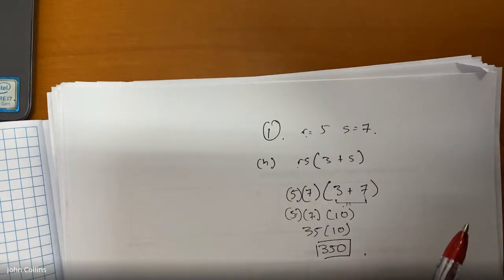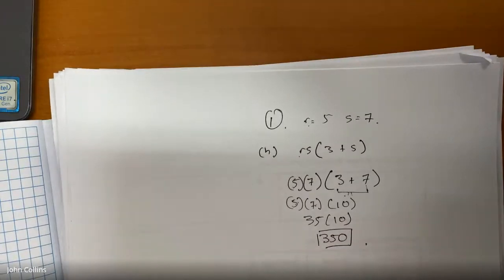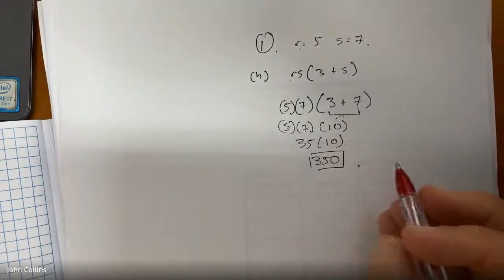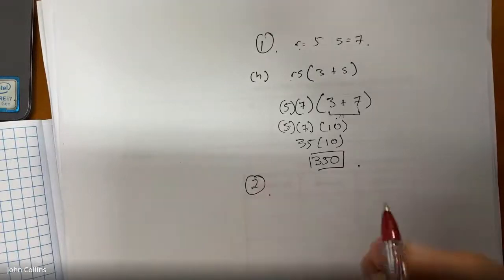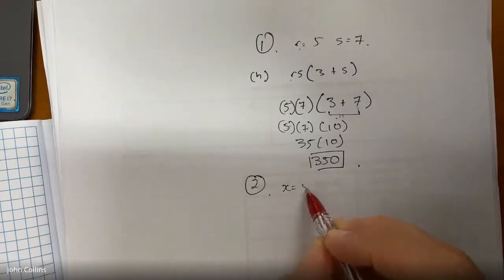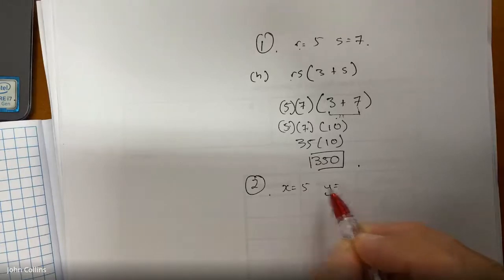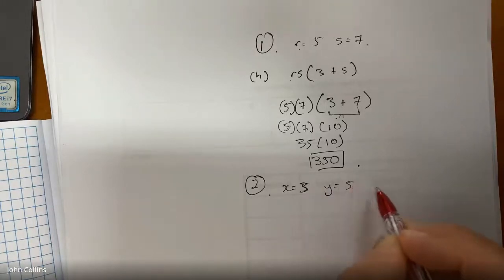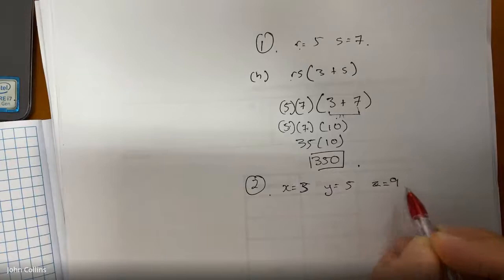Okay, let's try one of the blue questions. We're going to actually do 2 of the blue questions. So this is question 2. In the expression, x is 3, y is 5, z is 9. So this is from the blue worksheet.